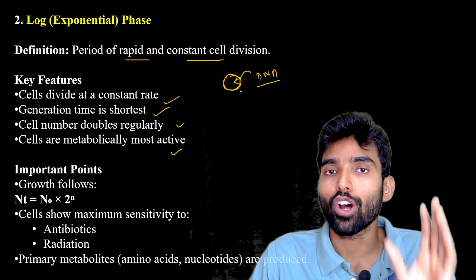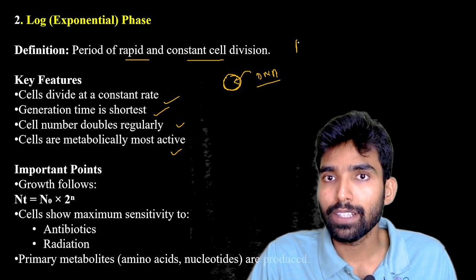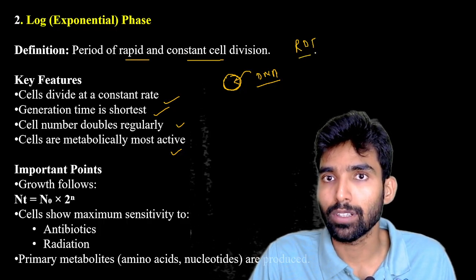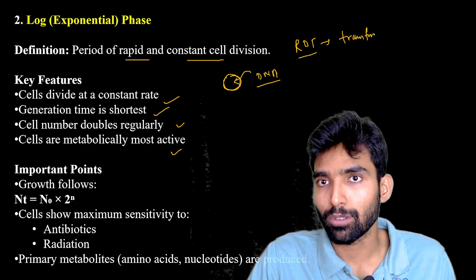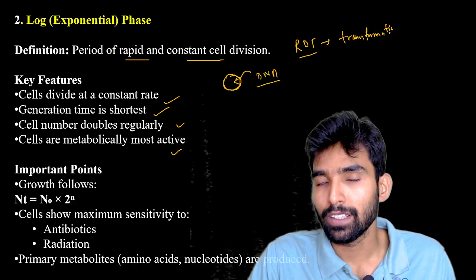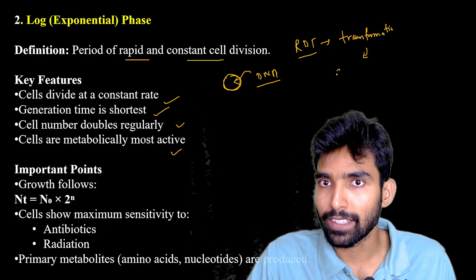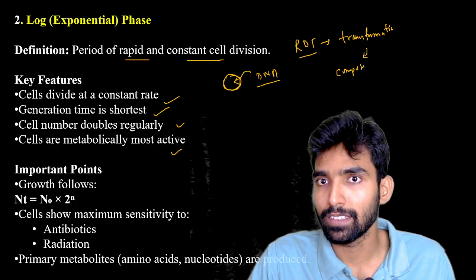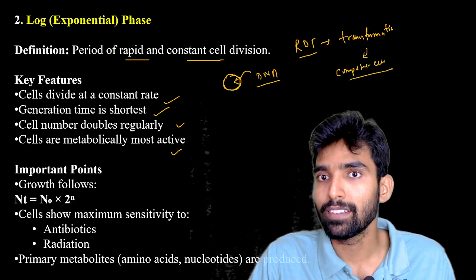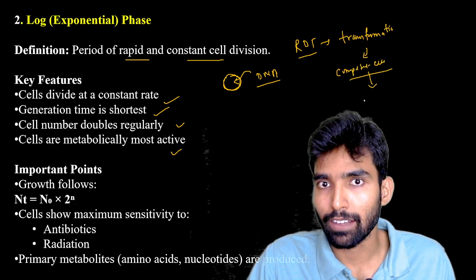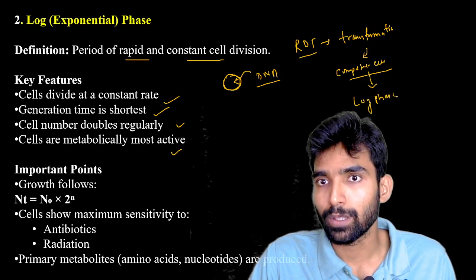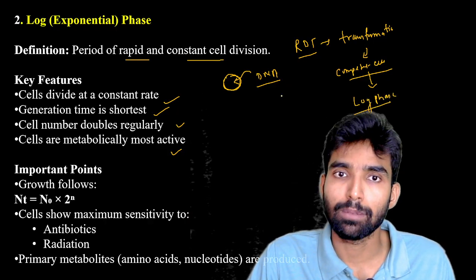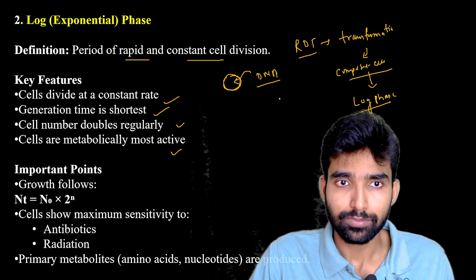That's why in recombinant DNA technology, during transformation, they need competent cells, right? To get the competent cells, people capture the log phase, because here the cells are most metabolically active.